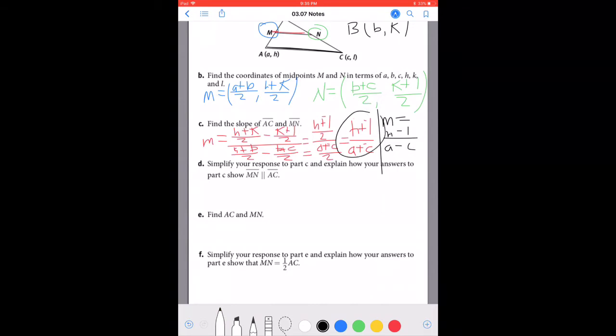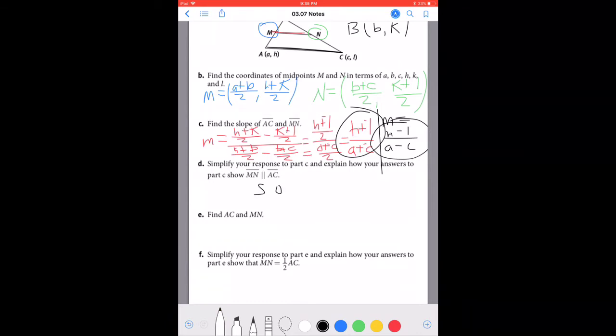So are these slopes the same? Is H plus negative L the same thing as H minus L? And is A plus negative C the same thing as A minus C? And the answer is yes. So our slopes are the same, which means our lines are parallel.